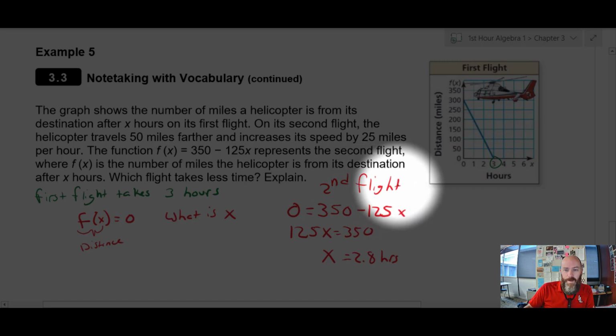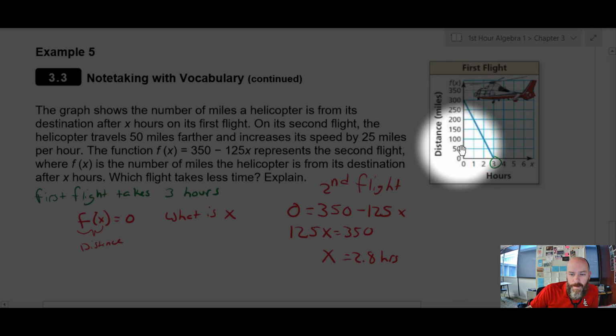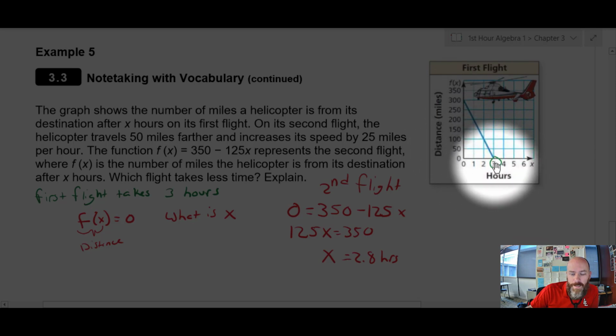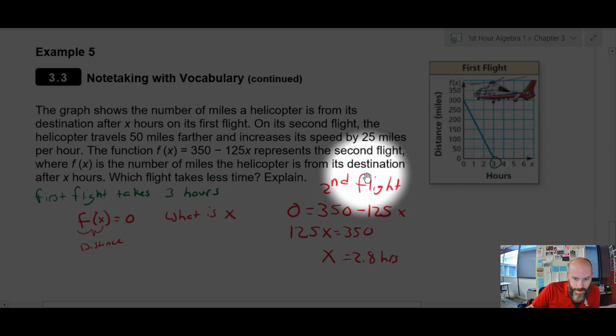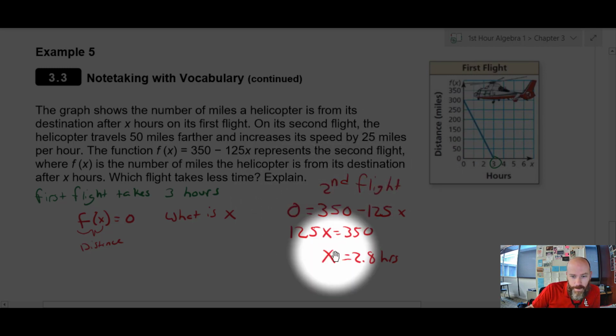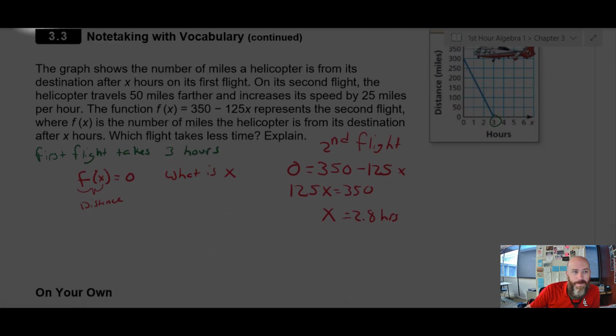So notice from the first flight, the graph told me that when f of x is 0, my x is 3, so it takes 3 hours. The second flight through the equation, we got that when f of x is 0, the flight takes 2.8 hours. So which flight takes less time? And then explain.